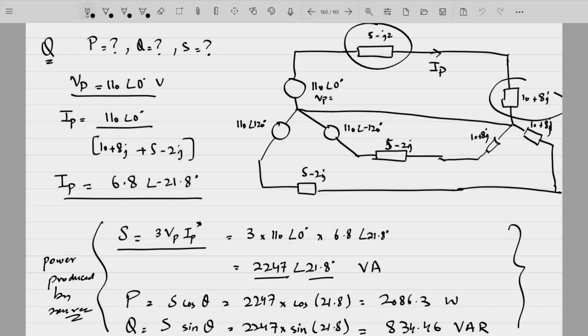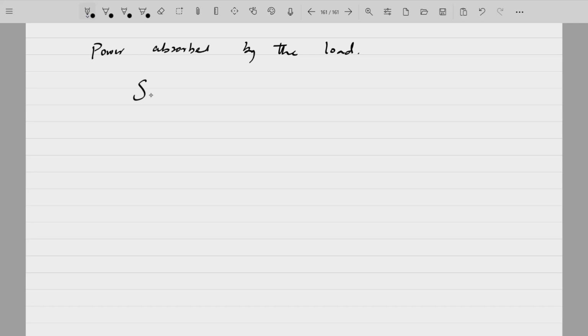If we talk about power absorbed by a load in one phase, it will simply be the current flowing in this system, that is IP square, multiplied by the impedance of the system, that is ZP. Now total power in all the three phases will be thrice of that. So S will be equal to the magnitude of IP square into the load ZL. This is per phase. In all the three phases it will be multiplied by 3.